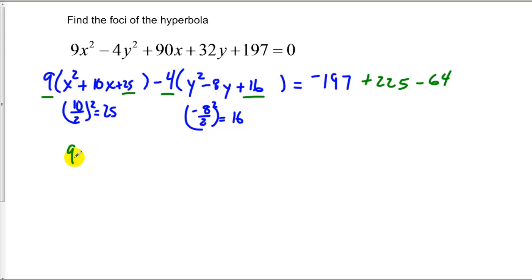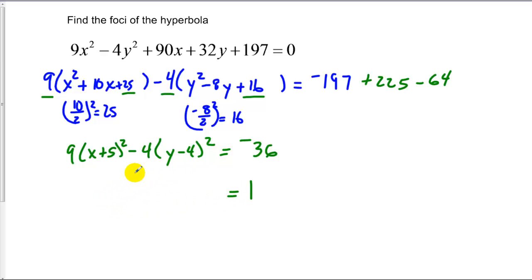So I have 9 times the quantity x plus 5 squared minus 4 times the quantity y minus 4 squared is equal to negative 36. I need to get a side equal to 1, so I divide by negative 36 on both sides.